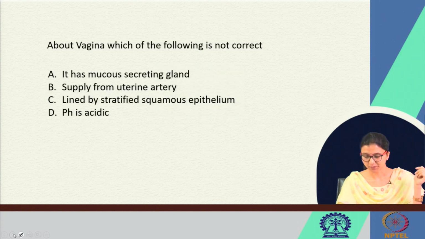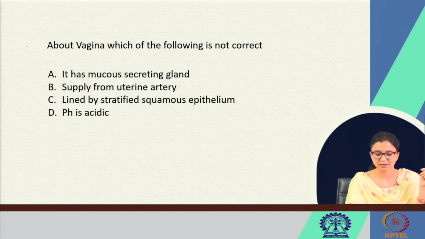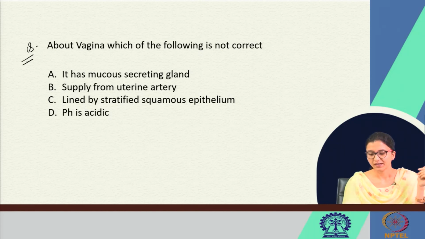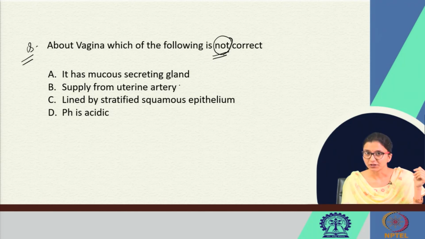Now, we will discuss some of the MCQs. Here I have combined both the vagina and the vulva MCQs, just go through some of them. About the vagina, which is not correct? You have to be very cautious while reading. It has mucus secreting glands, supply from uterine artery, lined by stratified squamous epithelium, pH is acidic.